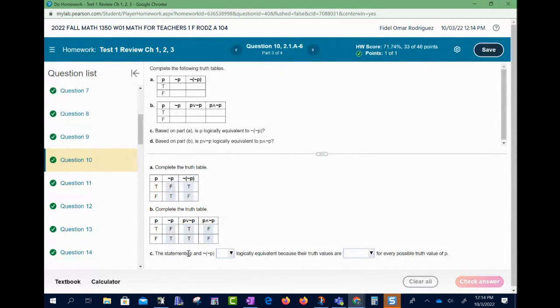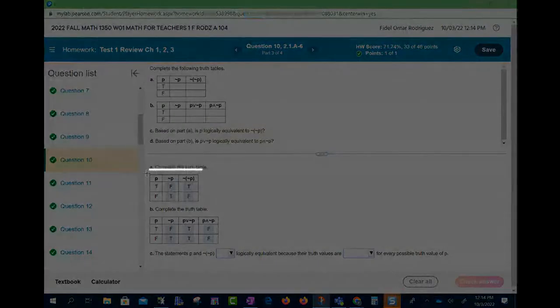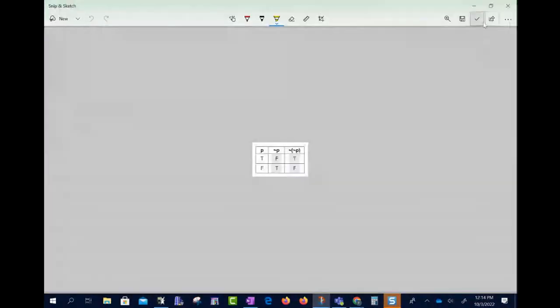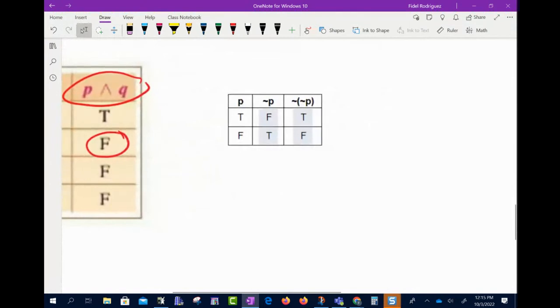Okay, now it says the statements P and not P. So guys, what they're talking about here is, I'm going to copy and paste this one more time. Let's copy that. Okay, here we go. See if I can paste it right there. Okay, what they're asking me to do is a little stare and compare.